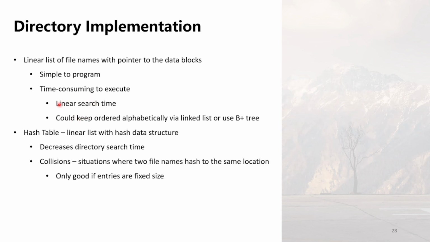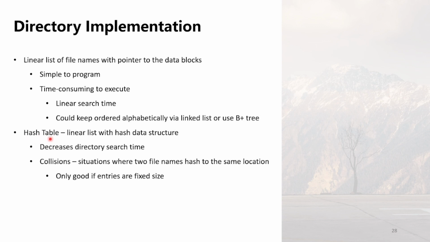We can speed up the search time by sorting the file names. To maintain an ordered list of file names, we can use a linked list or B+ tree to implement alphabetical order.